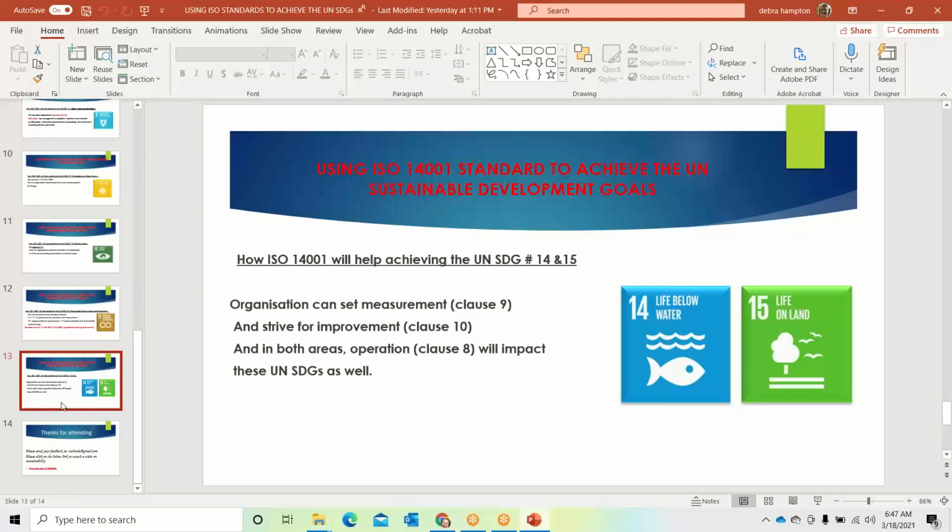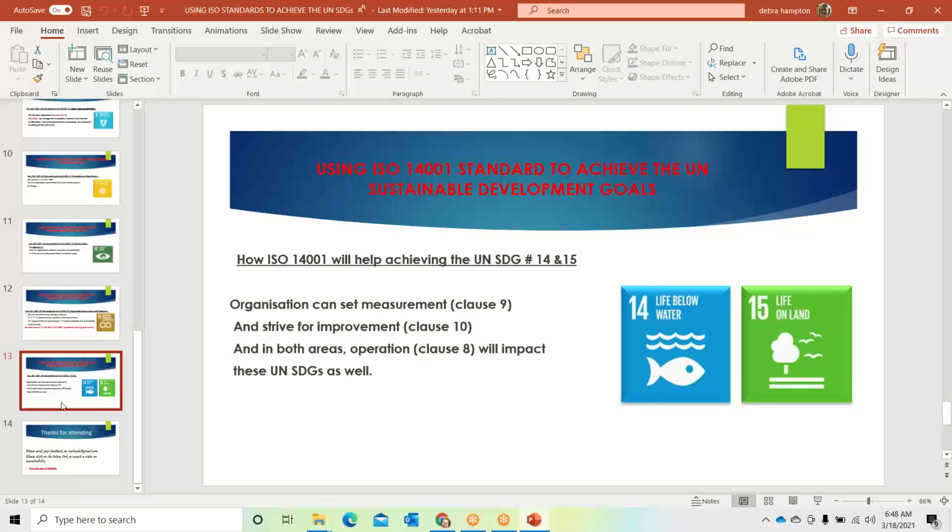Next slide. So how are we going to use ISO 14001 to achieve the United Nations Sustainable Development Goal number 14 and 15? So 14 and 15, they talk about life below water and life on land.